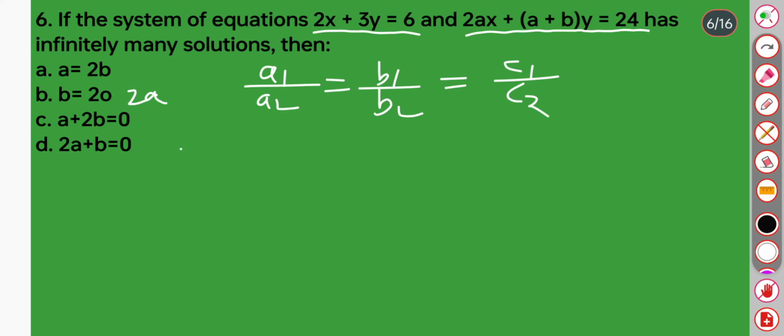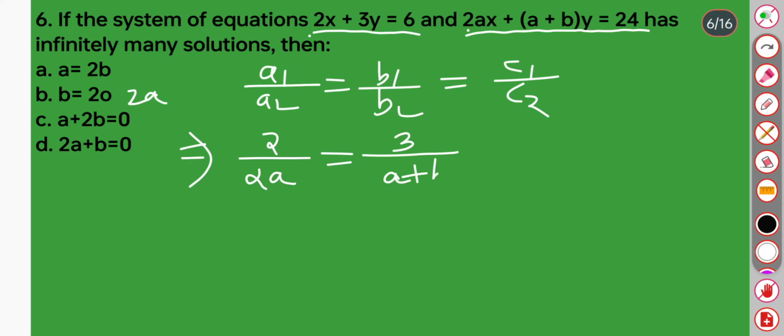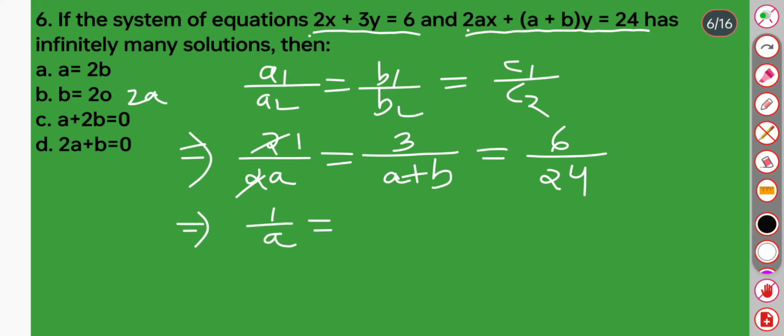If I put in the values, from the first equation A1 is 2, A2 is twice a, B1 is 3, B2 is a plus b, C1 is 6 and C2 is 24. Now if I cancel 2, what is left is 1 by a equal to 3 by (a plus b) equal to 6 by 24.